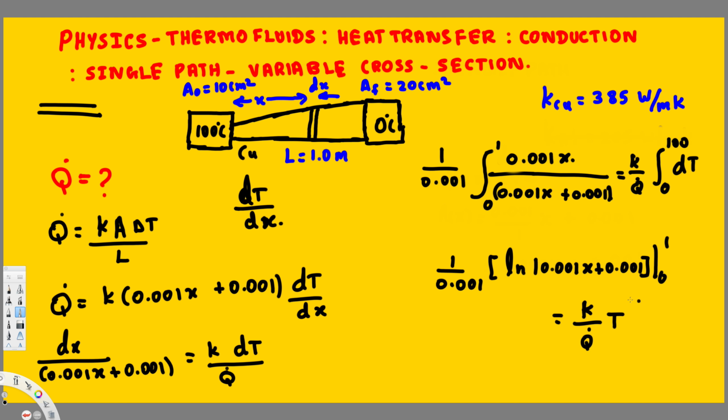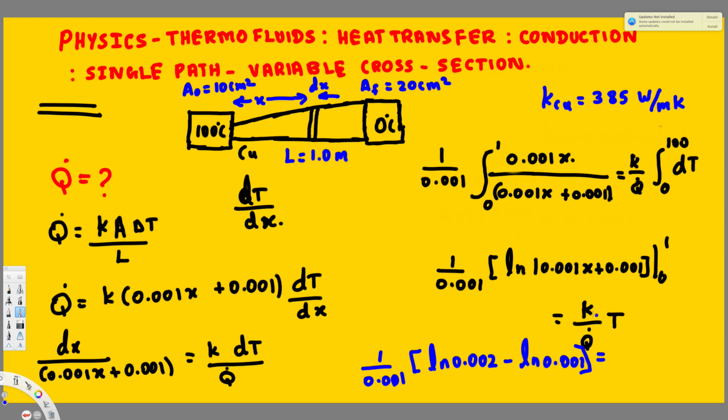Now let's simplify this one. If you plug 1 for this one, this is going to be 0.001 times 1 plus 0.001, that's going to be ln 0.002. So we are going to have 1 over 0.001 times ln 0.002 minus, if you plug 0 for this one, the first value is going to be 0 because it's times x, and this is the only one that's going to remain, that is ln 0.001.